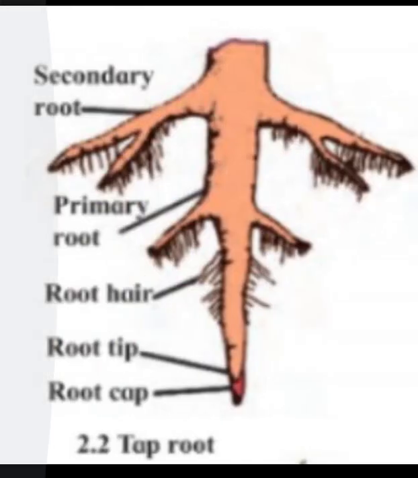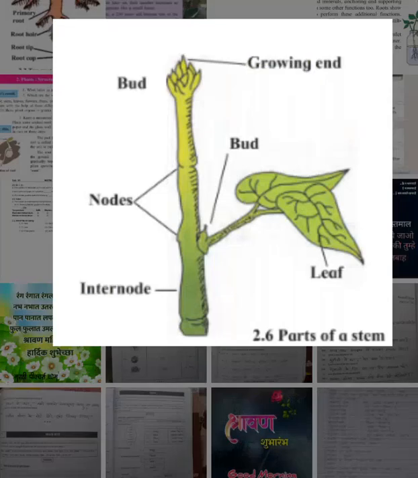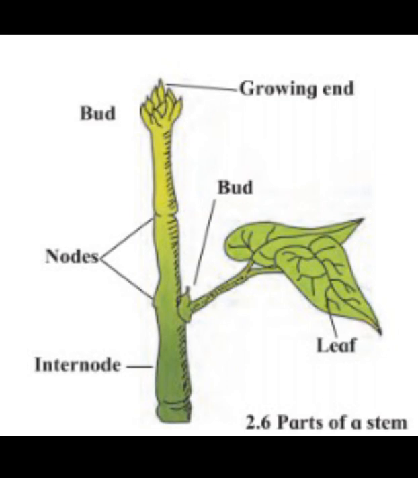Next we'll see about the stem. This was all about roots. Children, here is an image of the parts of a stem.